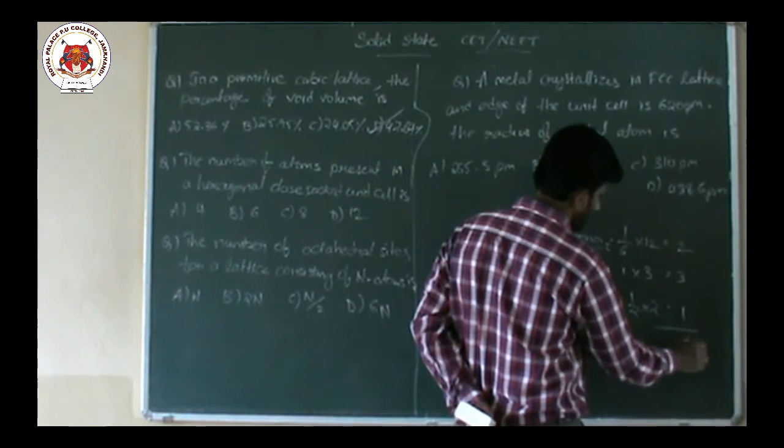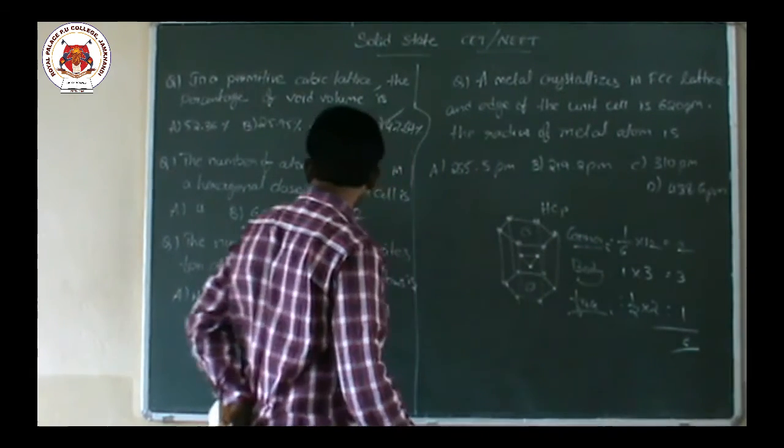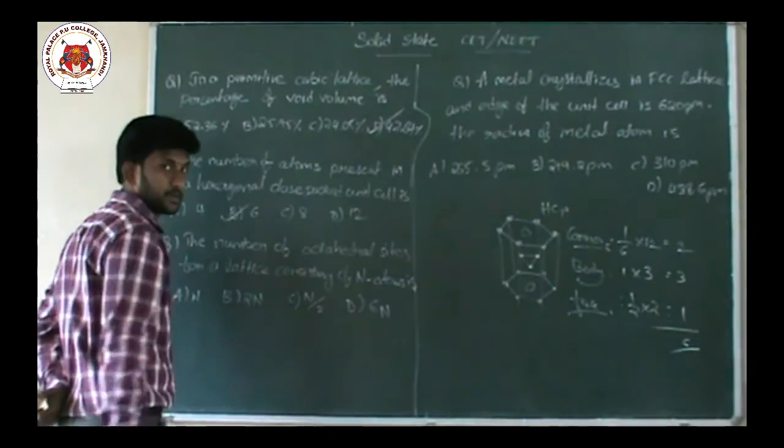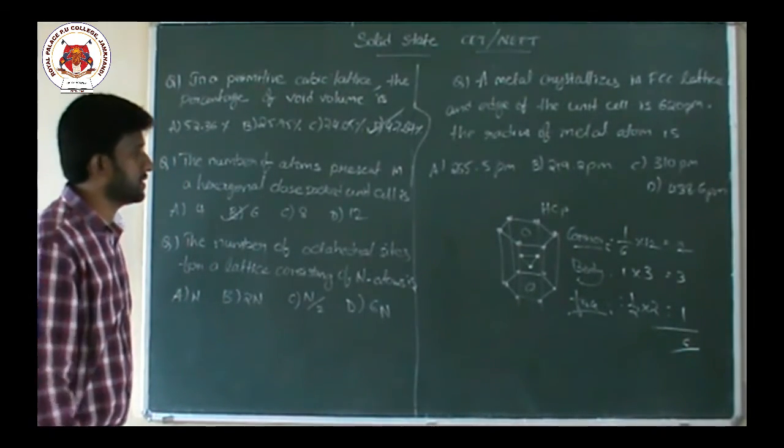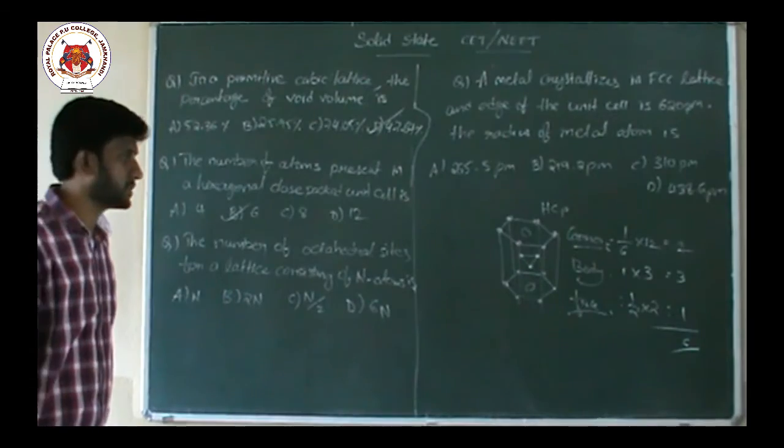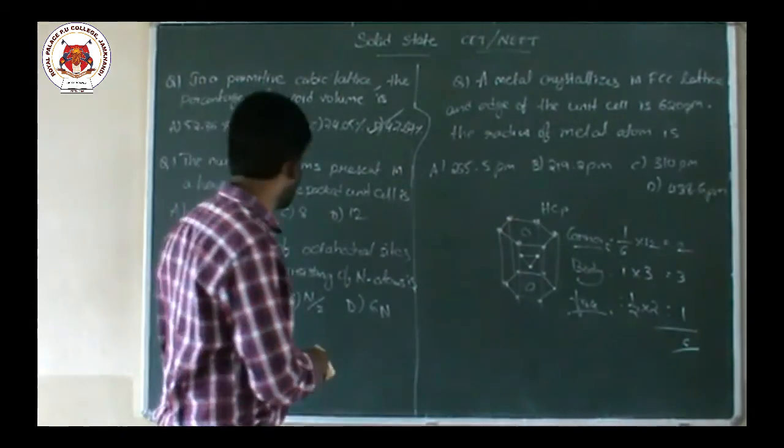It is going to be 6, I said. So the option is 6. Okay. So 12 by 6, 3 into 1, and half into 2. The total will be 6 only. So the answer is B.